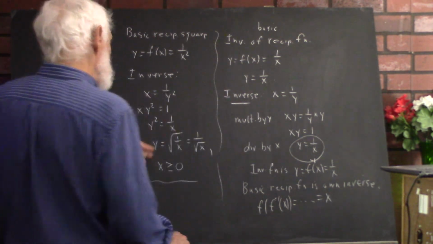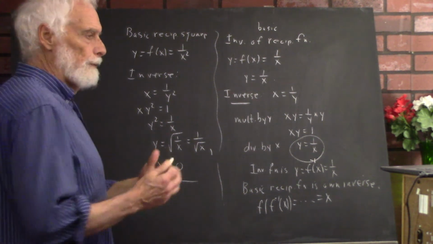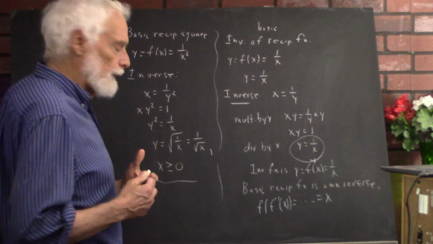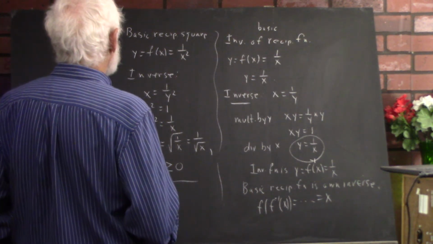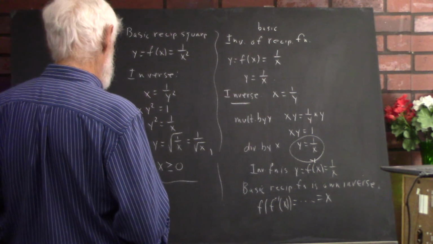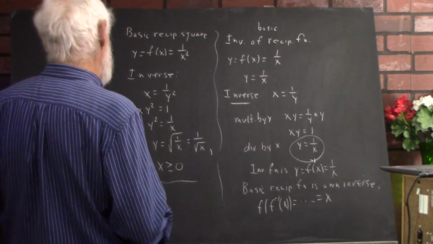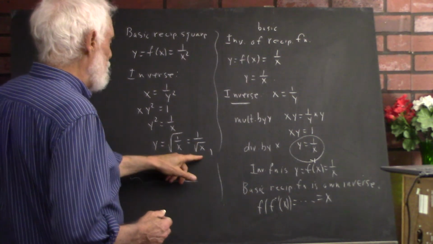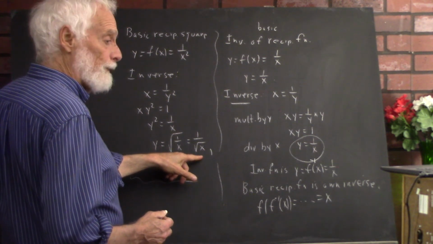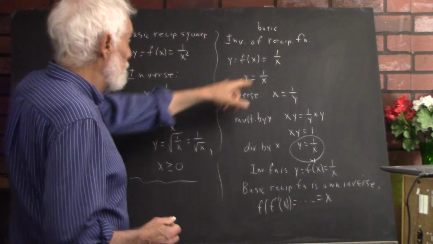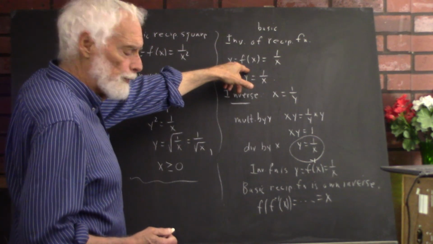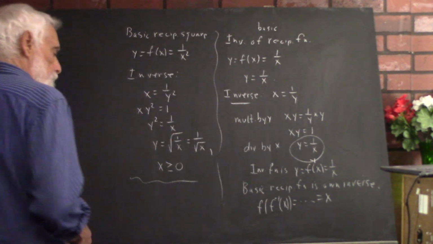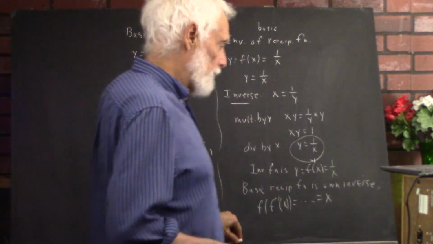You've got to be a little careful with domains when you state things here, but it kind of works out. Okay, so another observation is this would just be a composition of the square root function with the reciprocal function, wouldn't it? So that's kind of interesting. But we'll talk about that later.